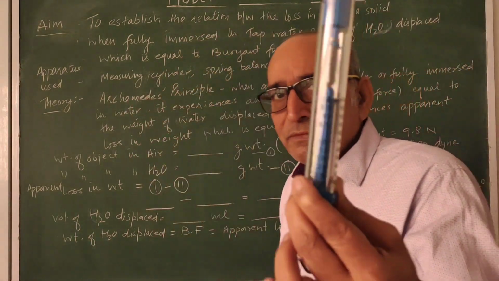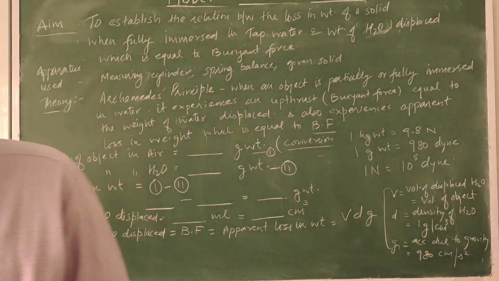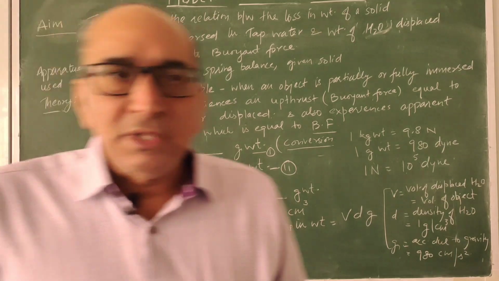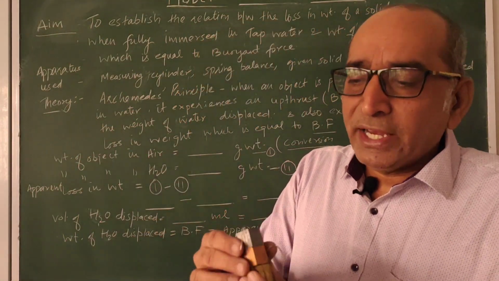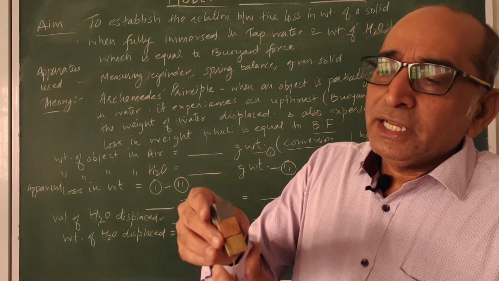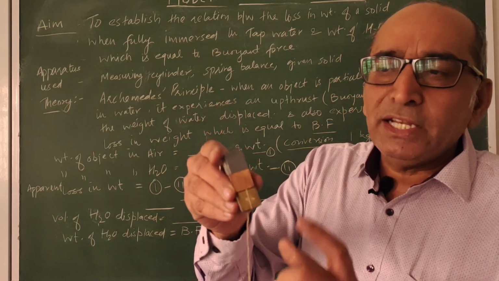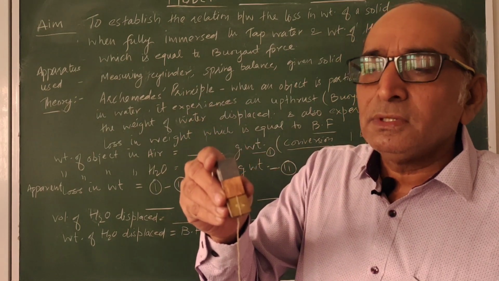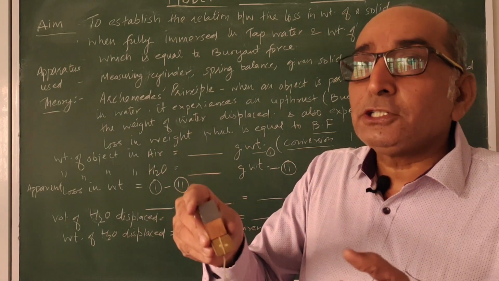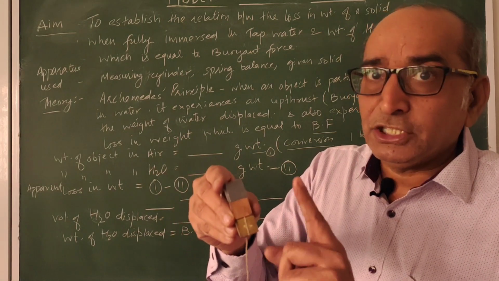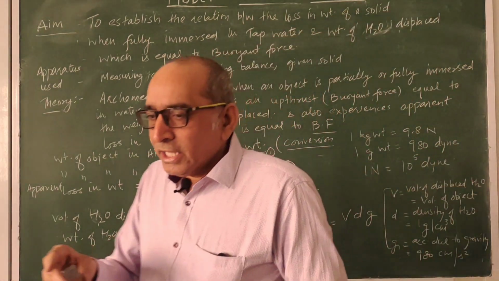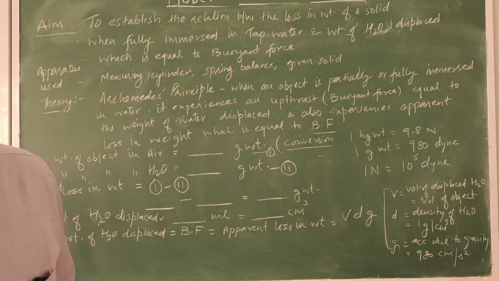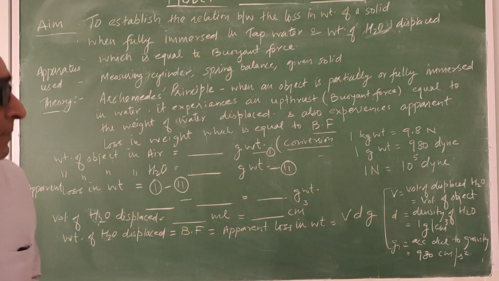This is the least count of this spring balance. This object we are going to take, we are going to find its apparent loss in weight when it is immersed in water and the weight of the liquid displaced by it, and those values should be the same. Then we will verify our Archimedes principle.